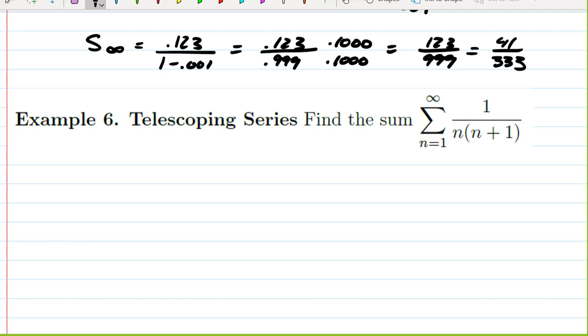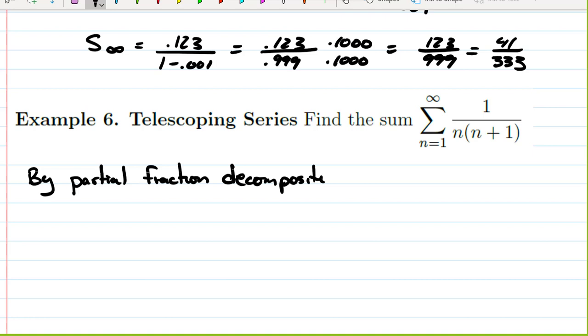So by partial fraction decomposition, we have 1 over n times n plus 1 is equal to A over n plus B over n plus 1.